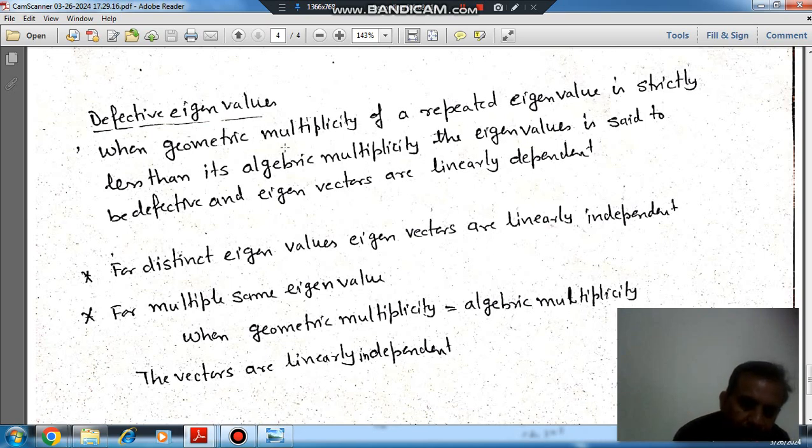When the geometric multiplicity is less than the algebraic multiplicity, then the vectors are linearly dependent. Otherwise, in both cases, with different eigenvalues or multiple same eigenvalues, the vectors are linearly independent. Generally, geometric multiplicity is less than algebraic multiplicity, and geometric multiplicity cannot be more than algebraic multiplicity. Either it will be less than, or equal to the algebraic multiplicity.